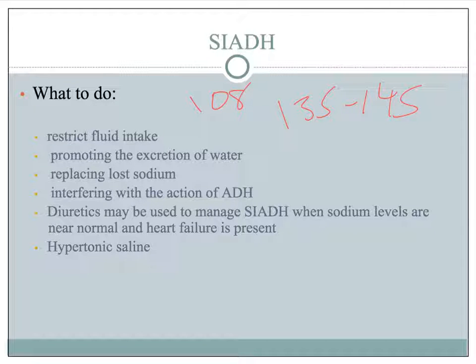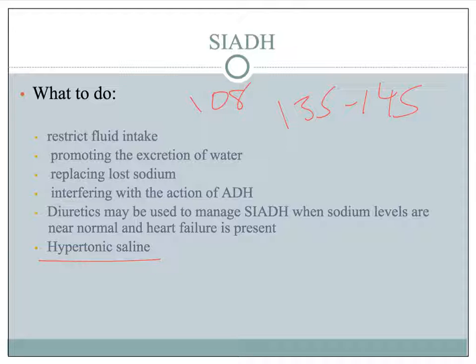The other piece of that is you have to make sure that you replace sodium very slowly. Hypertonic saline may be given in the event that someone's sodium levels become very critically low. Make sure you understand what a hypertonic saline means.